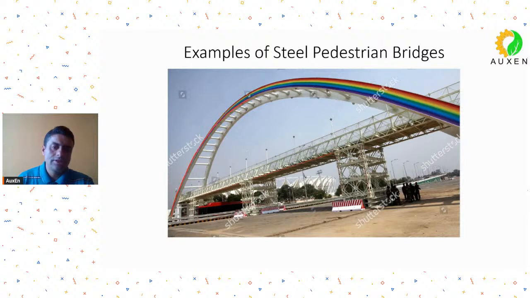So you see this is an arch, if you can see, with a rainbow color. So this was an arch, and it was initially supposed to be an arch bridge. Okay, so initially it was supposed to be a deck arch bridge. So there was an arch like this, and a deck was suspended from this, and then there were cables all around, and the deck was like this.